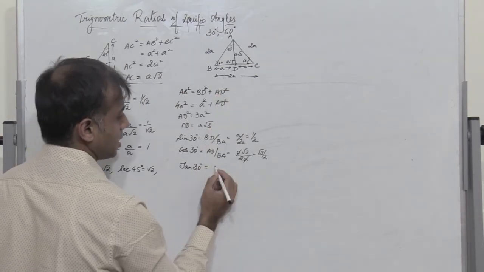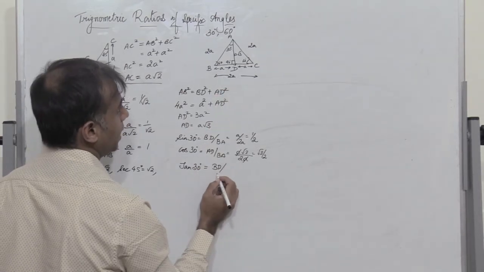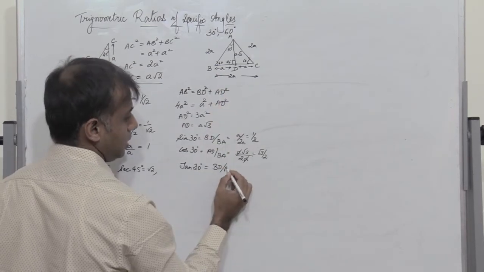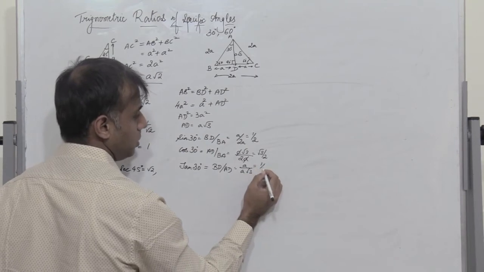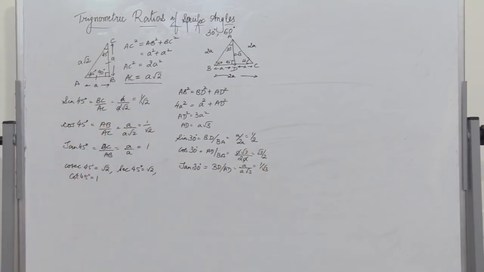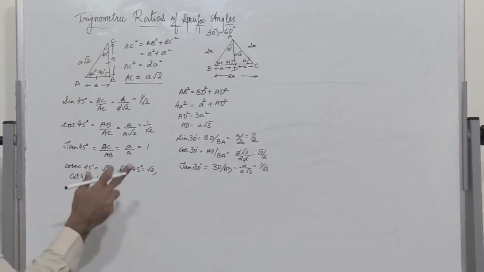Next, tan 30 is the opposite side, which is BD, divided by the adjacent side AD, so A by A root 3. So it is 1 by root 3. So tan 30 is 1 by root 3. Once we find all these three values, we can find cosecant, secant and cot by just taking their inverses, isn't it?